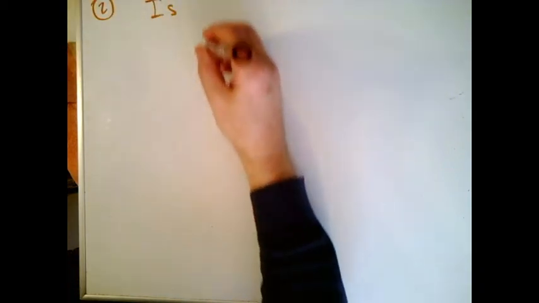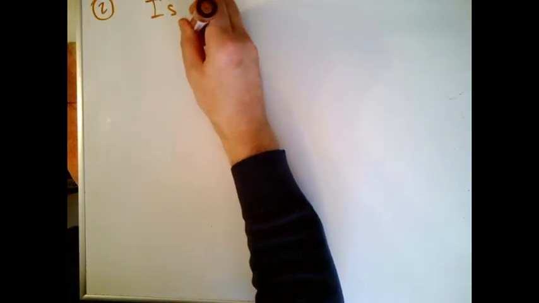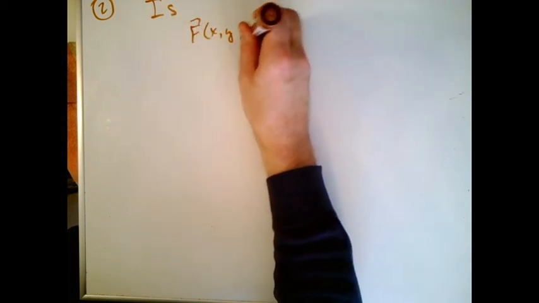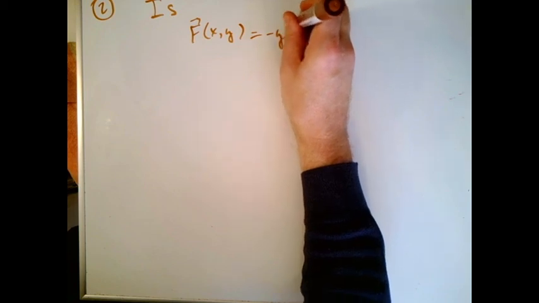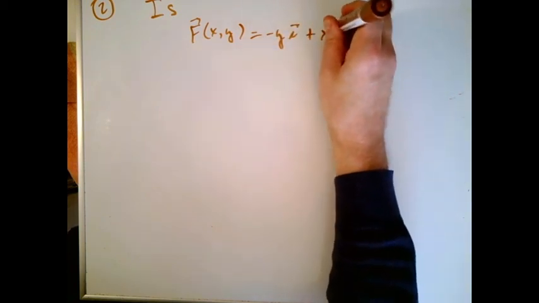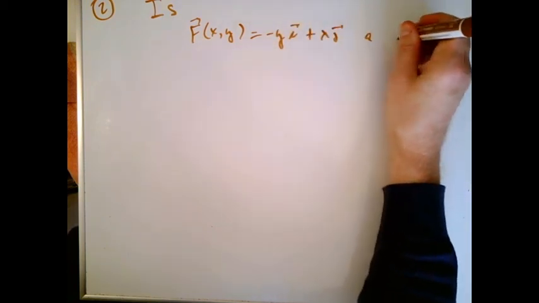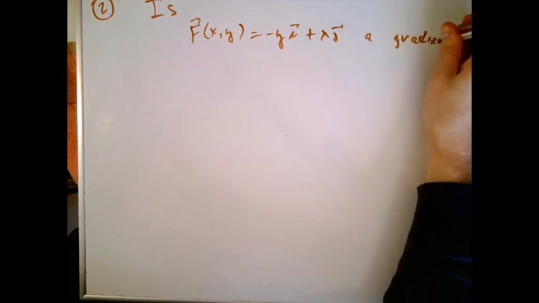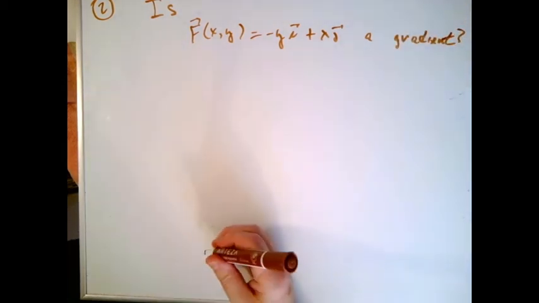It's a simple example. It's one we've looked at many times. And I'm going to say, is this vector field, I want minus yi plus xj, a gradient? Well, remember how this works.